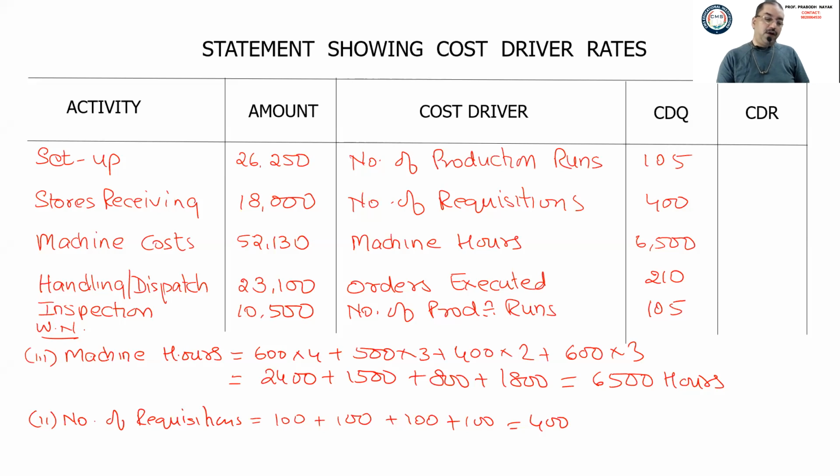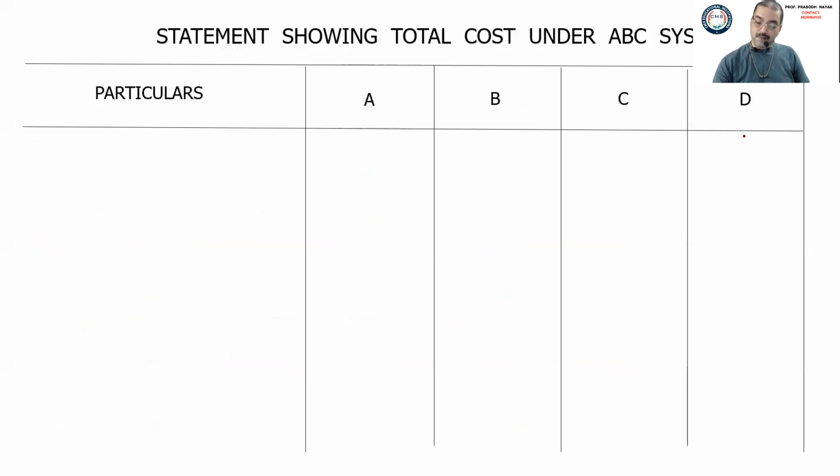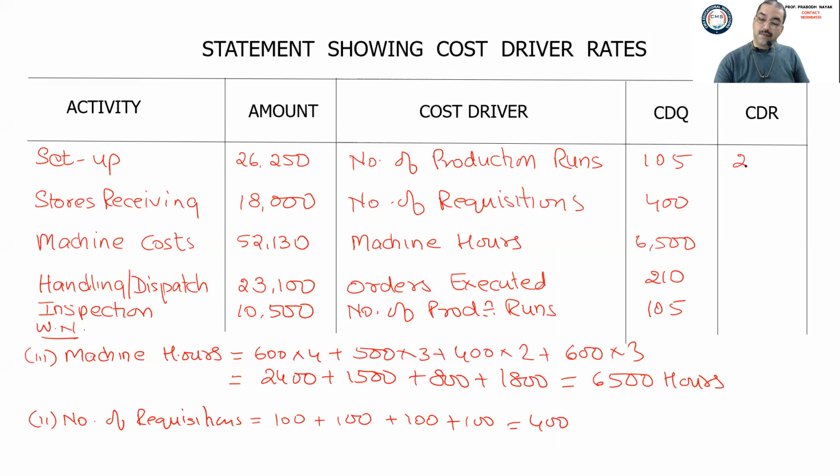Have you got the rates? 26,250 divided by 105 is 250. 18,000 divided by 400 is 45. 52,130 divided by 6,500 is 8.02. 23,100 divided by 210 is 110. 10,500 divided by 105 is 100.